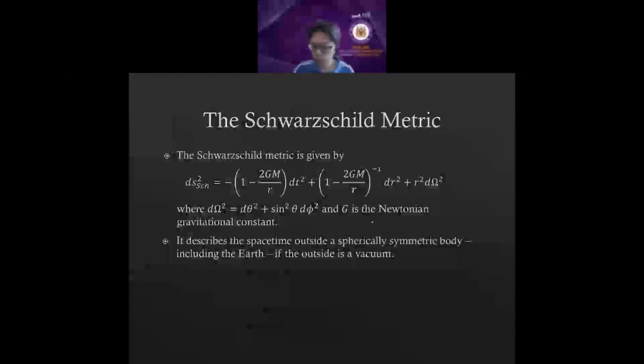So suppose that we are studying GR and we consider the Earth. Then the metric outside the Earth is precisely given by this same metric in spherical coordinates.